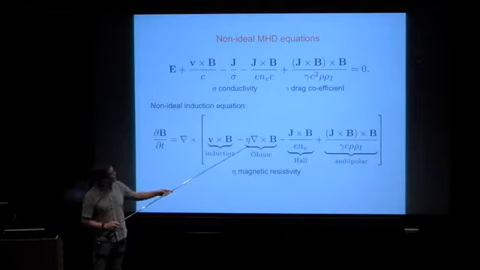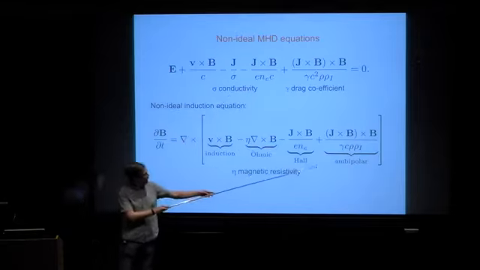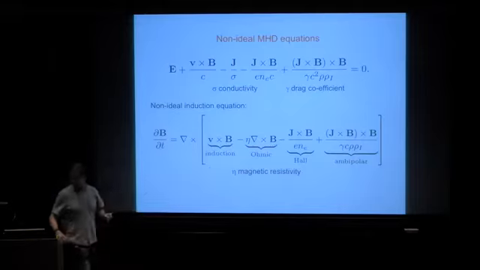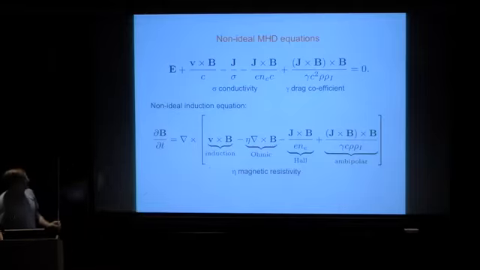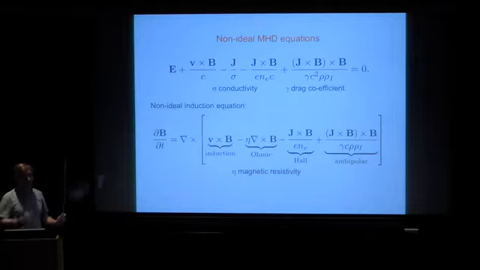So that's ohmic, this is Hall, and that's ambipolar. Okay, so that's the answer here. That's the non-ideal induction equation, and hopefully you've got some sense of how we derived it, even though we certainly didn't go through the messy details.